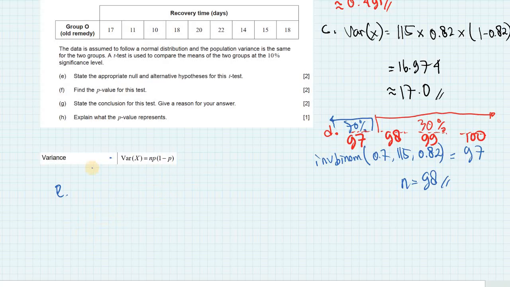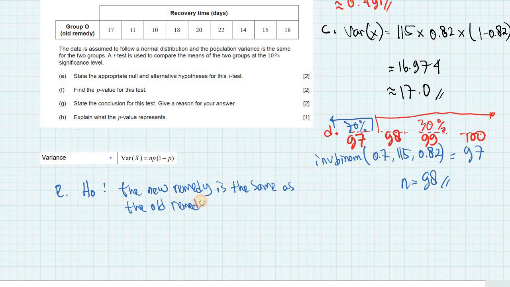Let's just write it in words. H0: the new remedy is the same as the old remedy. Once again, you can also use mu1 and mu2, but you have to identify which one is mu1 and which one is mu2. So I'll just do it this way.